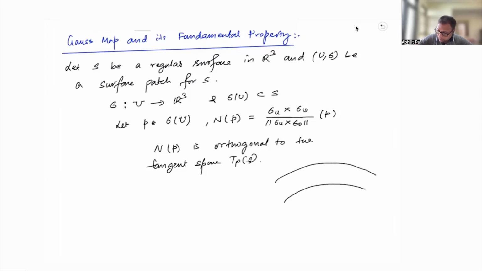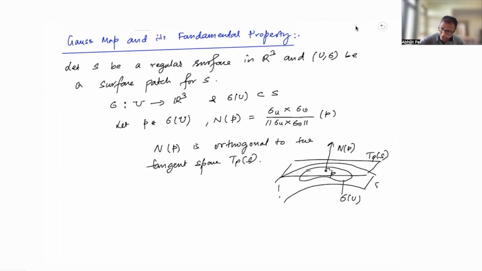So suppose this is my surface S and this is my sigma U, and if I take a point P here, let us take T_P S to be the tangent plane at the point P. So this N_P is normal to the surface, meaning that N_P is orthogonal to every tangent vector. This N_P is a vector starting at the point P, and it is a unit vector.